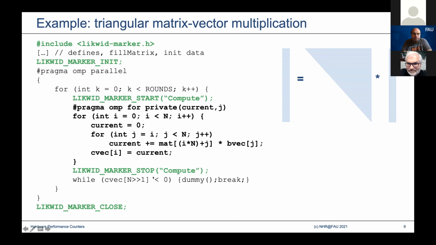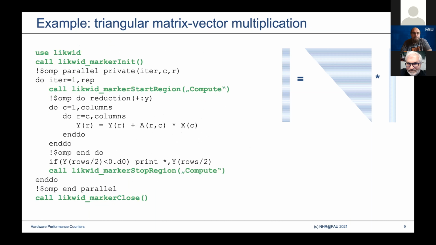So each of the rounds is measured itself, and then the values are accumulated for the final evaluation. Same code in Fortran. So this is the Fortran marker API, quite similar. So also use likwid. Then we have these calls: likwid marker init, start region, stop region, and marker close.